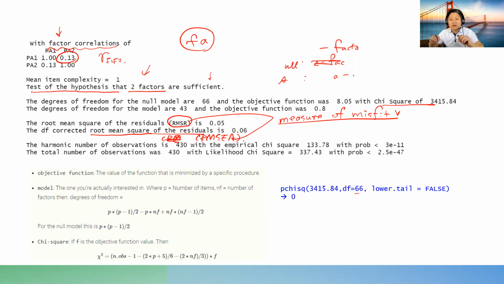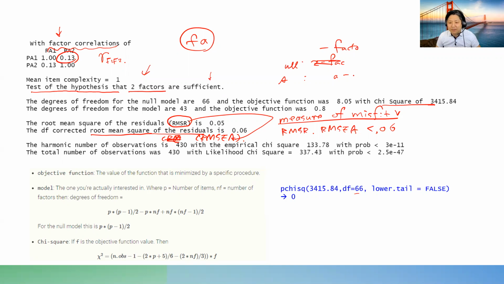We want a low value for the misfit, right? The rule of thumb is that if RMSR or RMSEA are less than 0.06, that's a good sign. That means there are not many errors in the covariance matrix.